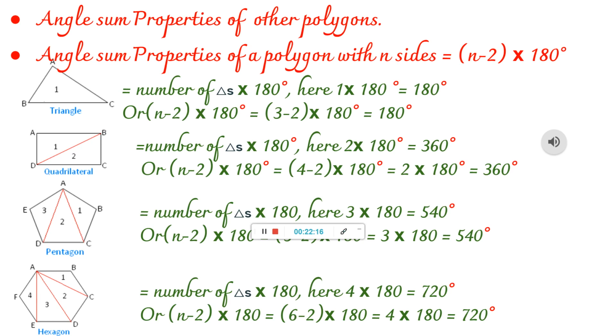Isn't it? Now, since quite some time we have been talking about the internal angles. So the next topic would be external angles of a triangle that we will see later. Okay.